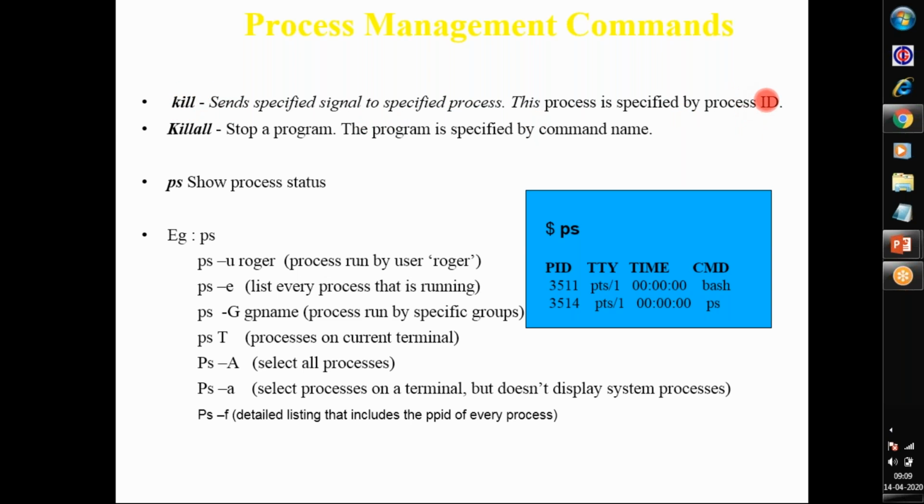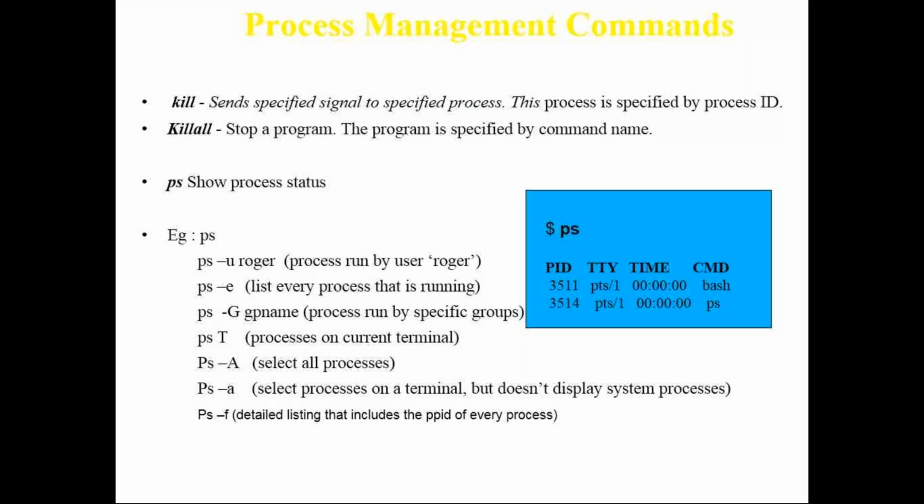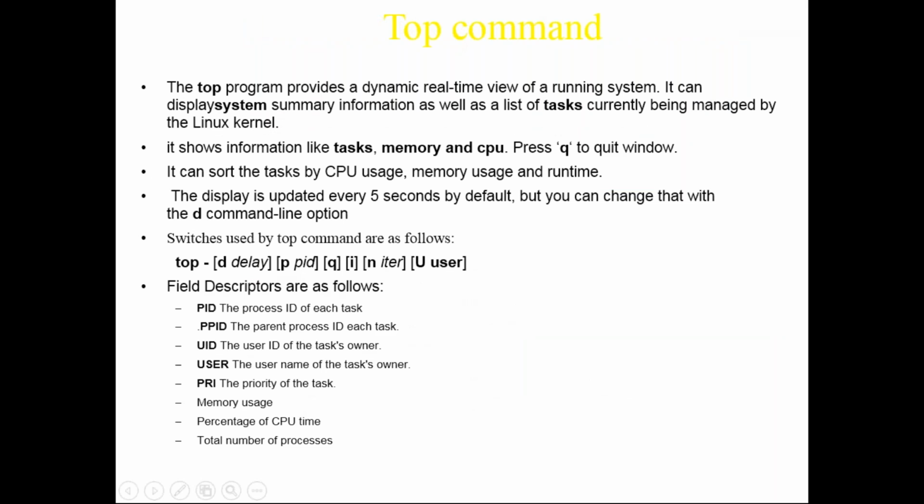If you want to kill all the processes, you write killall. You can explicitly mention multiple process IDs also, or if you don't, then automatically all will be killed. Then ps will show you the process status, the PID numbers of processes which are already running or have been executed, and various options. So these are the various things we have discussed.